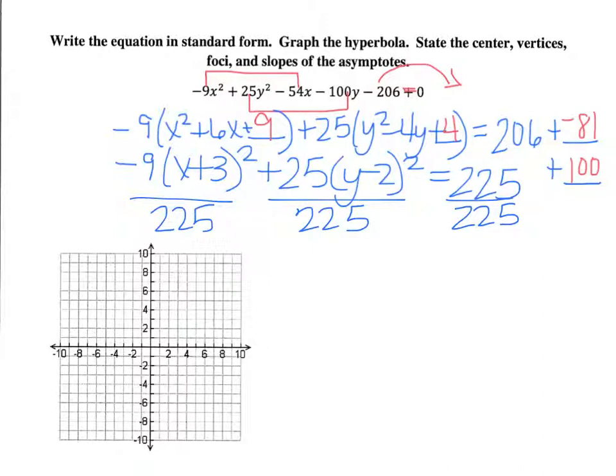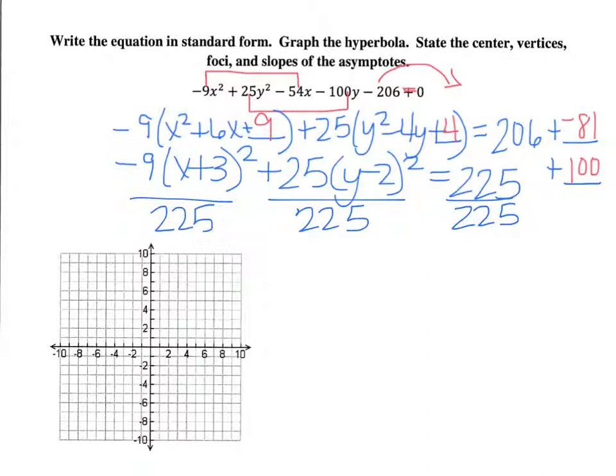So my standard equation will become, oh, and don't forget, this minus needs to be in the middle. So I'm going to take this whole fraction and put it second. This whole fraction reduced will be first, equal to 1.